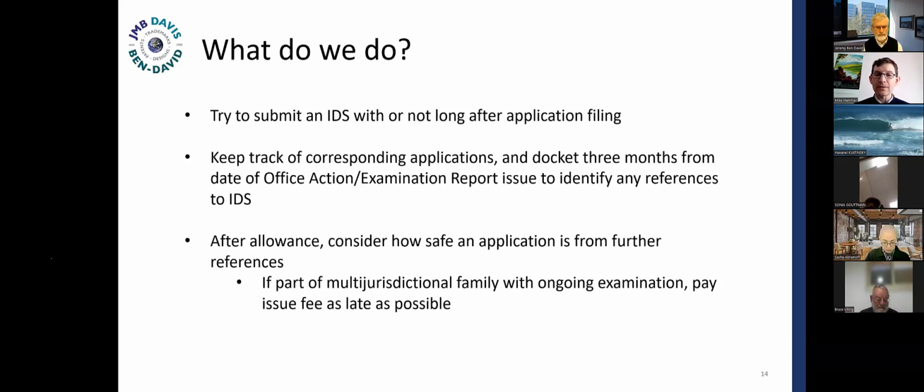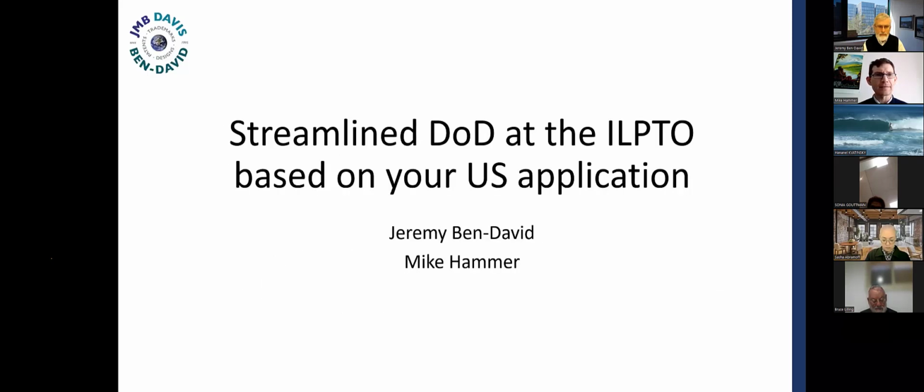If, on the other hand, your application is a part of a big family in lots of different countries around the world, and you're still expecting office actions or examination reports in the near term, I'd say wait until you get those, until as late as you can to pay the issue fee, so that if anything does pop up along the way, you can file it pretty readily before the USPTO. Jeremy, I think that's my last slide for now.